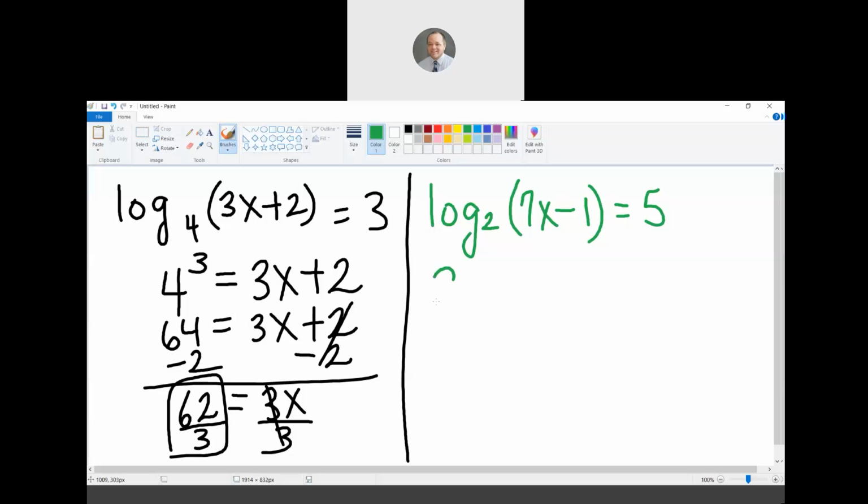Our base is 2, our exponent's 5. Let me change that 7x into a 3x. And this is equal to our function of x. Now, 2 to the 5th power is 32.